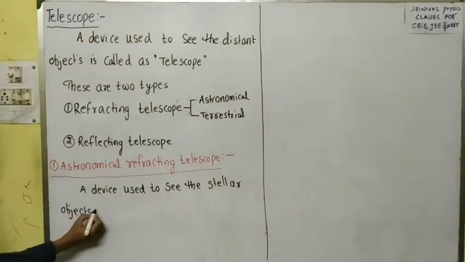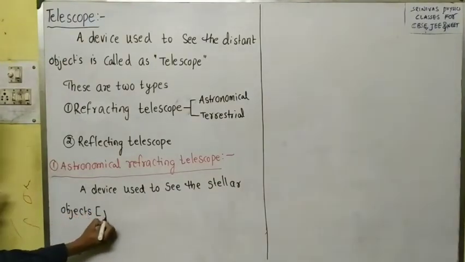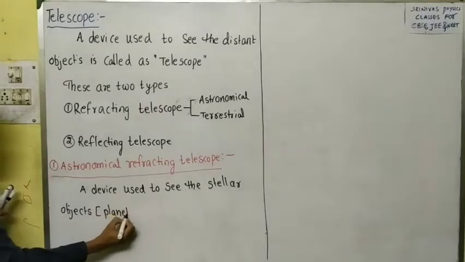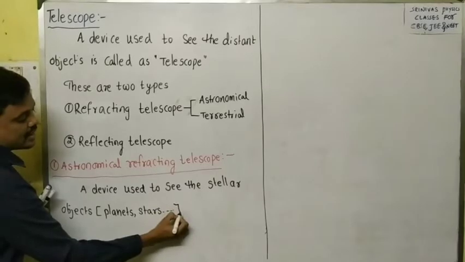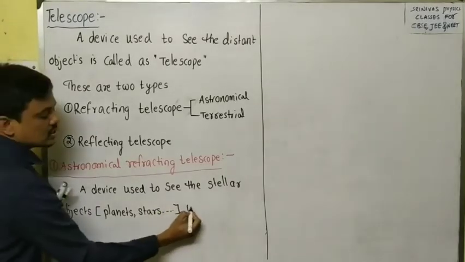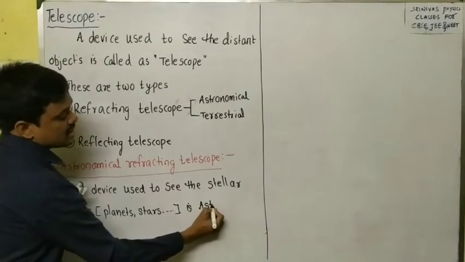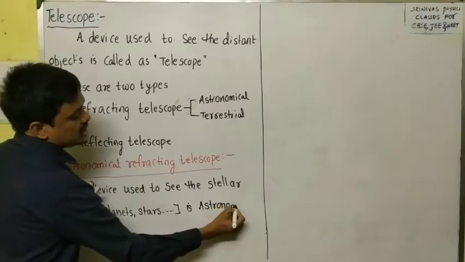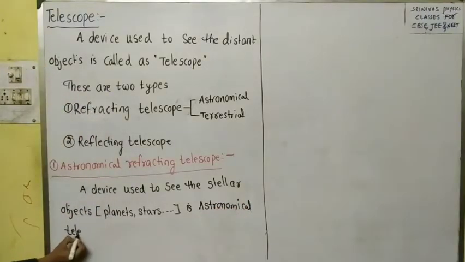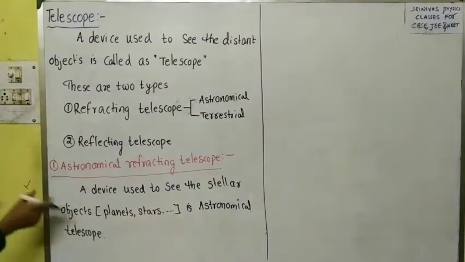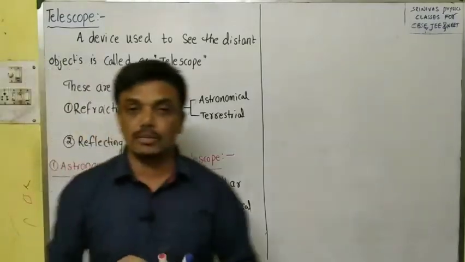We can use it to see the planets and stars by using this device. It is called astronomical because we can see the astronomical objects. That's why it is called the astronomical telescope. Astronomical objects are at a long distance from us, and we can watch them by using this astronomical telescope.